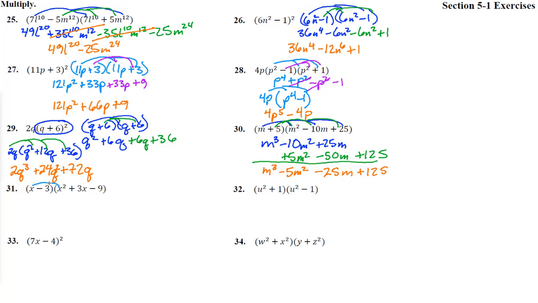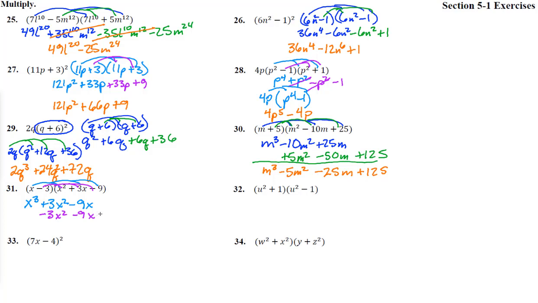All righty. Number 31. Okay, let's take the x and jump it through, and we get x cubed plus 3x squared minus 9x. And then take this minus 3 and jump it through with a different color here. There we go. And we get minus 3x squared minus 9x minus 27.